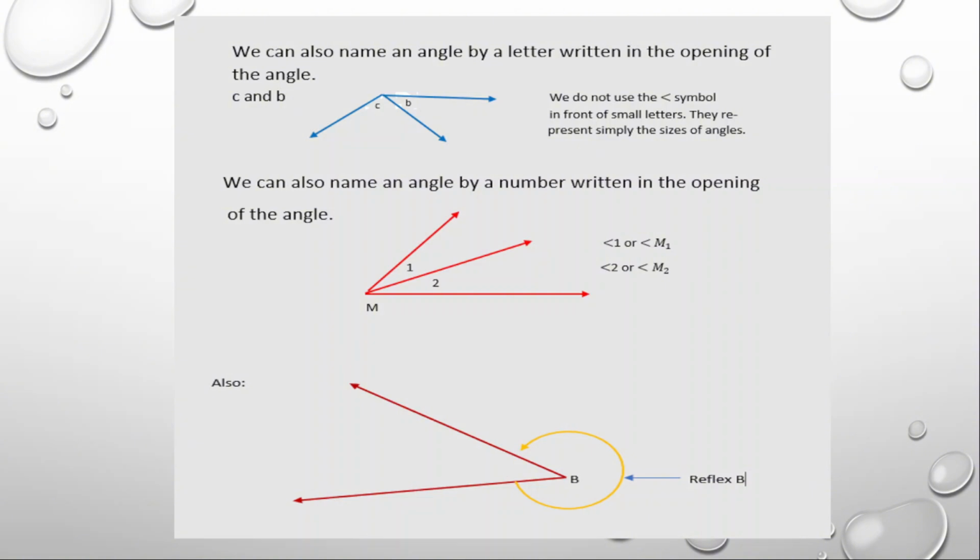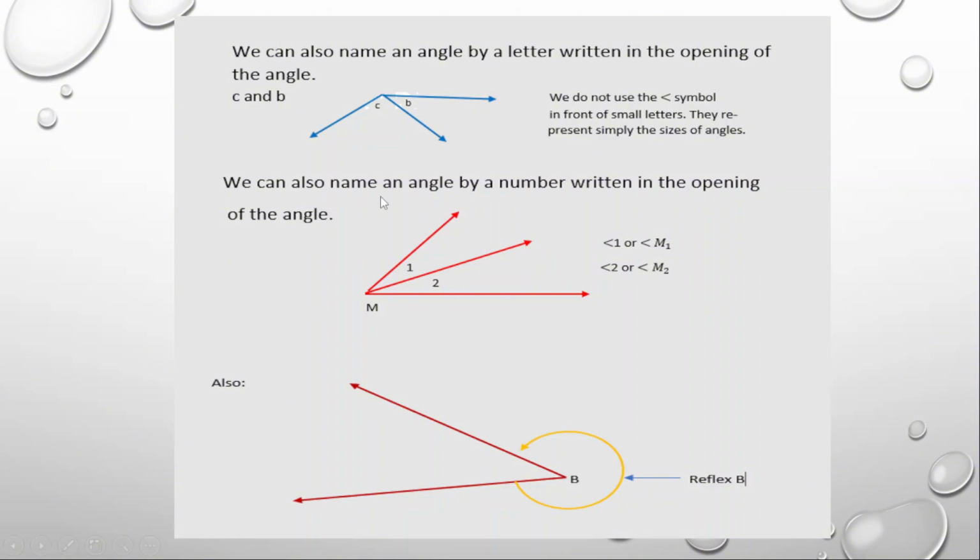So small letters represent the sizes of angles. Capital letters are the names of the points or the vertex or the points on the lines, right? So small letters are just placeholders for the value of the angle.